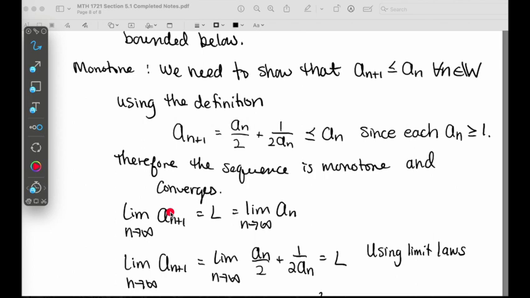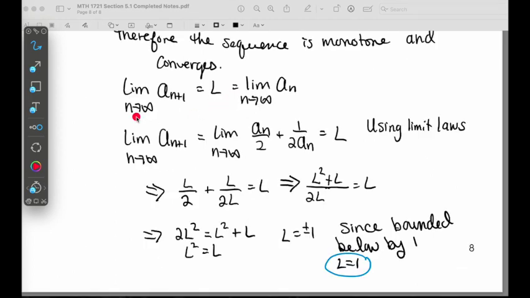Now let's find the limit. Just like before, we don't care about the first few terms. We're really concerned about the end behavior. And so whether I take the limit of an plus 1 or the limit of an, they should still be the same limit.